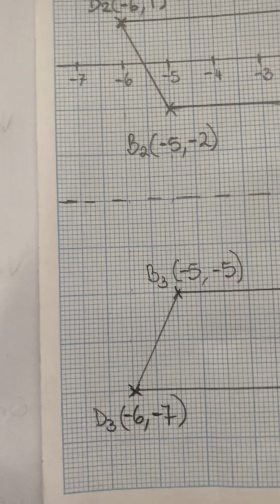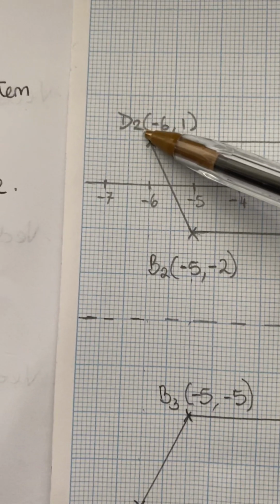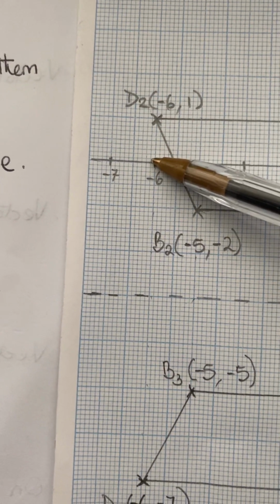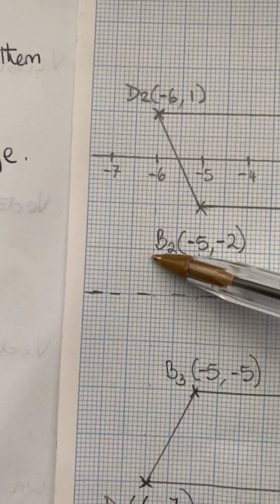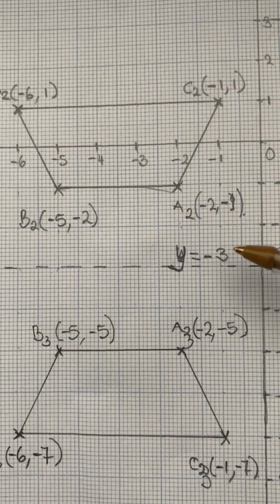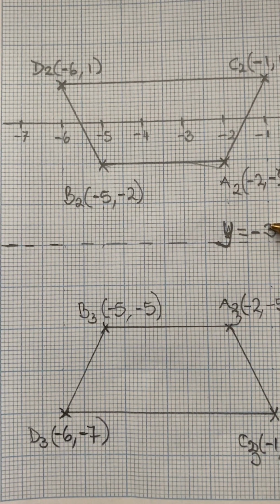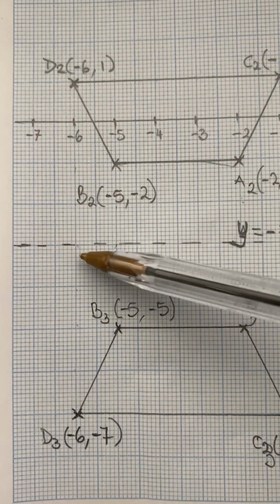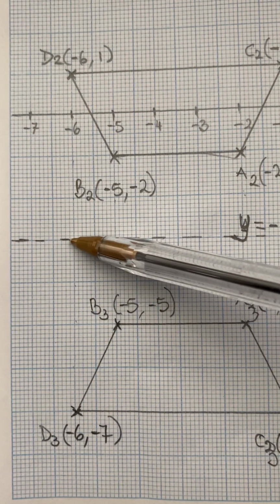The last one, D. So now we go and look for D2. 1, 2, 3, 4. So 4 units to get to the line y equals -3. So now from here, we count 4 units away from the line.